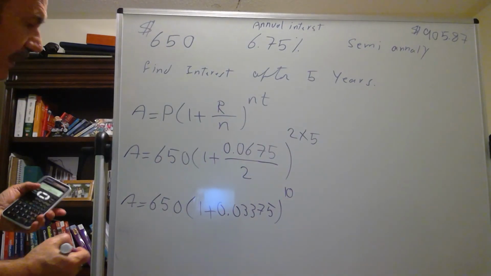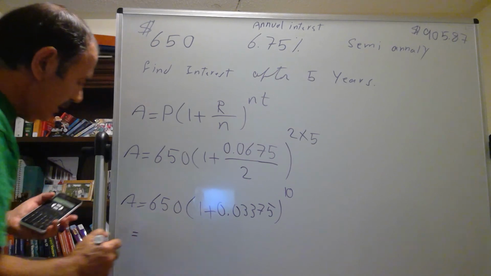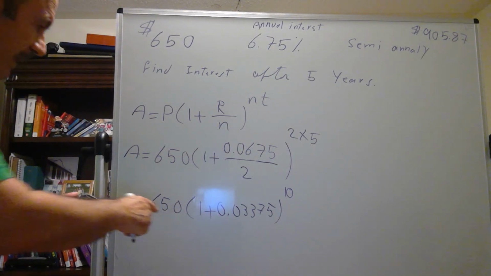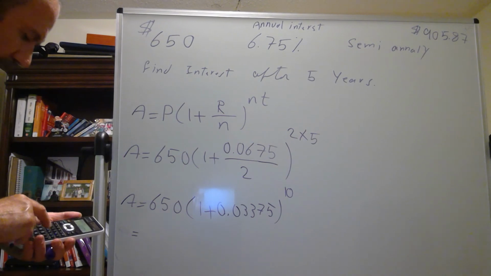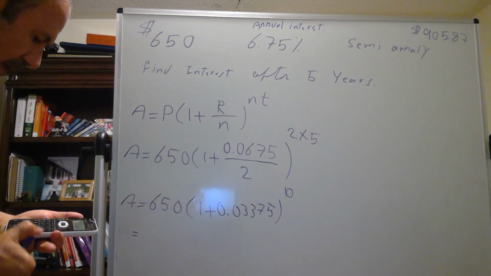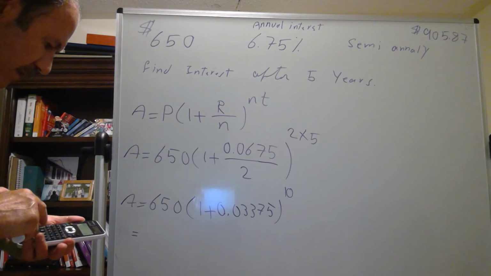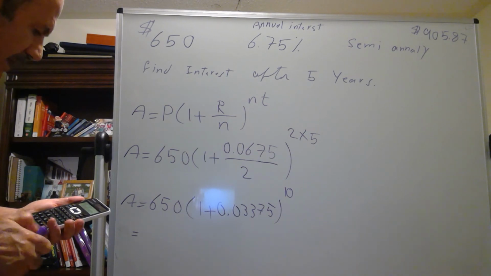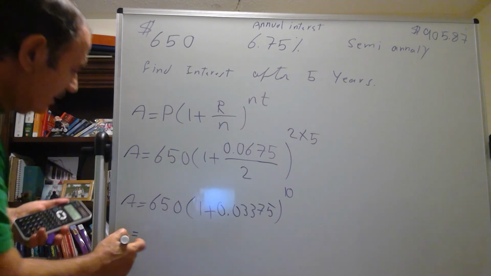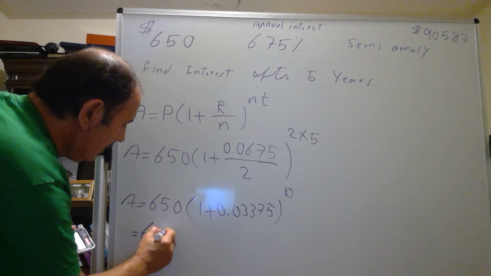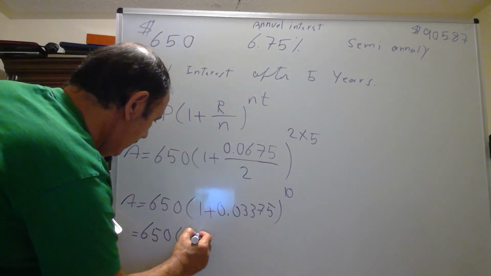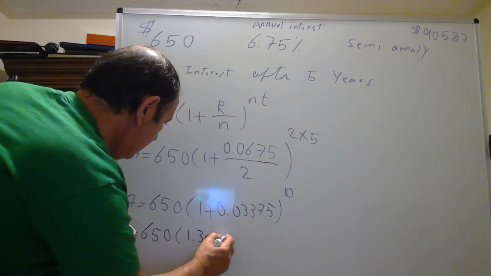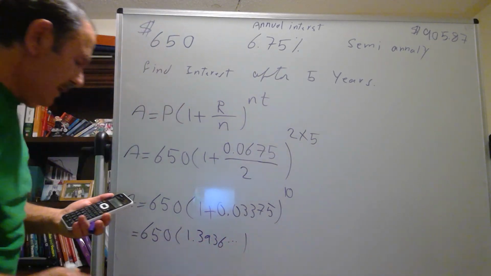Okay, if I calculate this one again, it is this part to the power of 10. Let me just calculate it, x to the y, to the power of 10, which is going to be 1.3936.